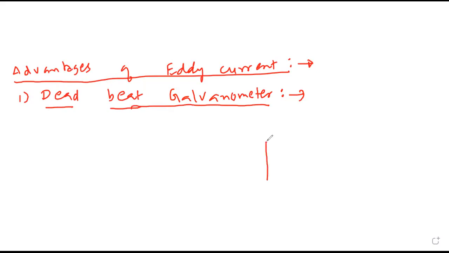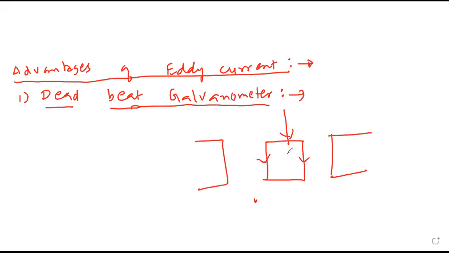So in the coil of a moving coil galvanometer, when current flows, this coil gets deflected in the uniform magnetic field. When the coil gets deflected, the aluminum and copper frame on which the coil is mounted will get deflected.